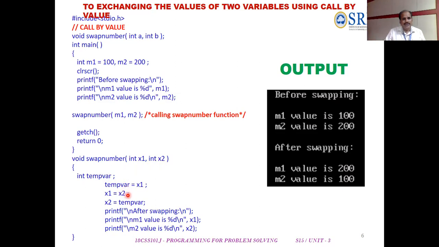With the help of the temporary variable, the x1 value is assigned to x2 and the x2 value is assigned to x1. So temp var equal to x1, x1 equal to x2, and the value held in the temporary variable is assigned to x2. After swapping, the m1 value is 200 and the m2 value is 100.